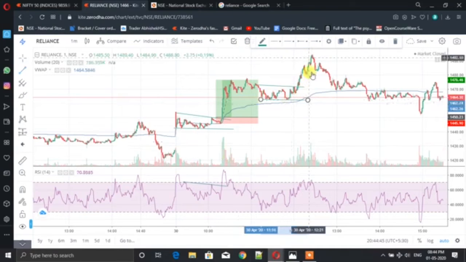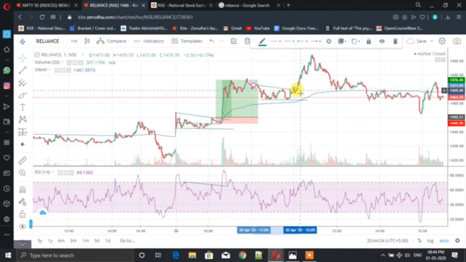So again you can see a big move here. If one could have entered the trade, one could have actually traded here, this big candle. Let's zoom out a bit. Zoom in.